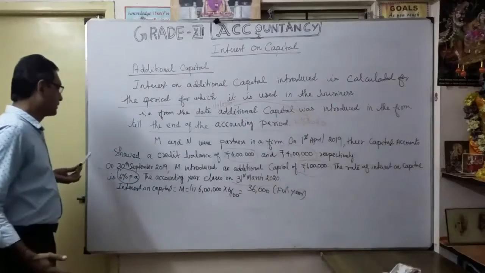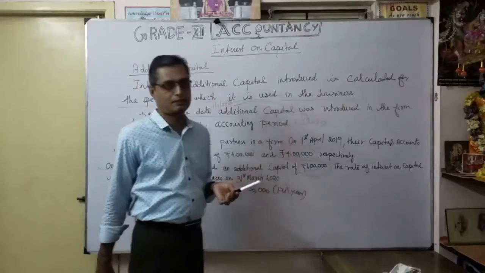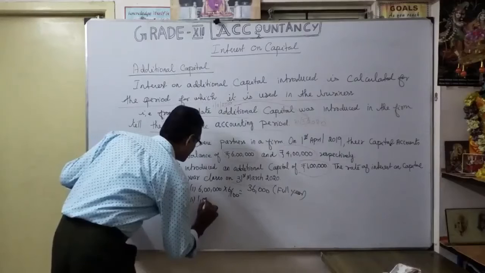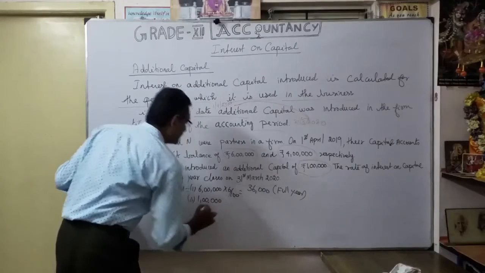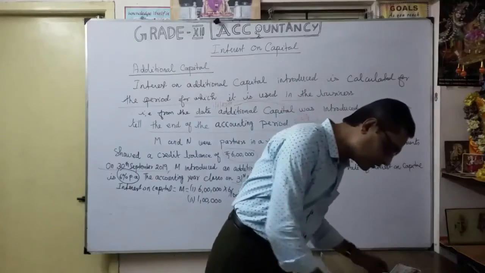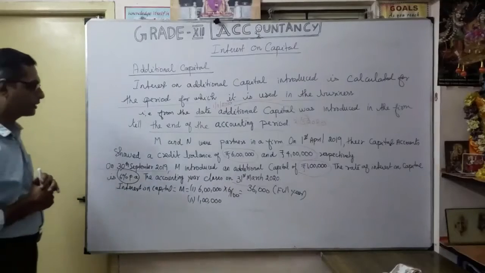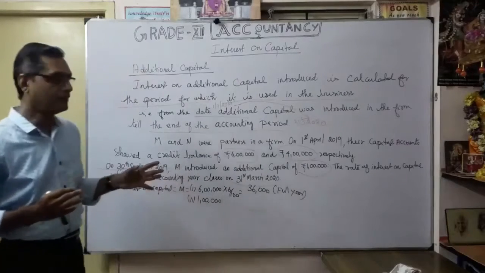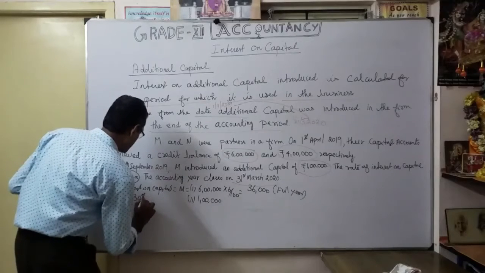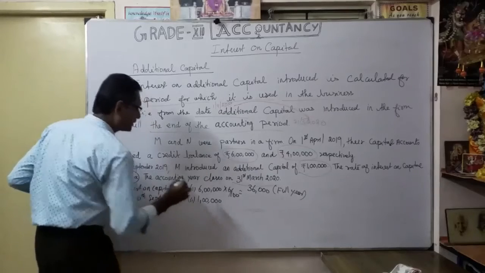Thereafter, what happened? On 30th September 2019, the additional capital of 1 lakh. The additional capital we are going to calculate separately. So how much will you get? The date is 30th September 2019, when they introduced the additional capital of 1 lakh.